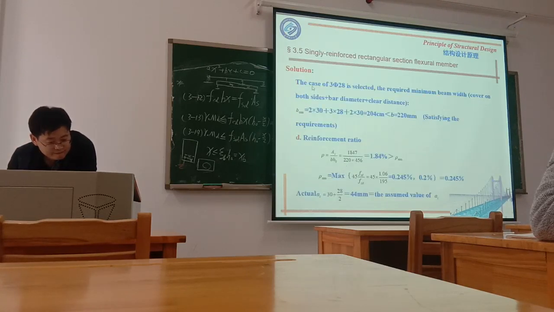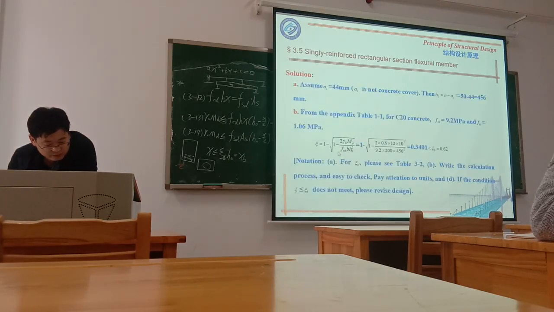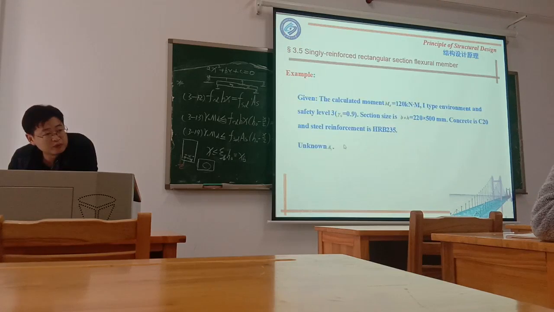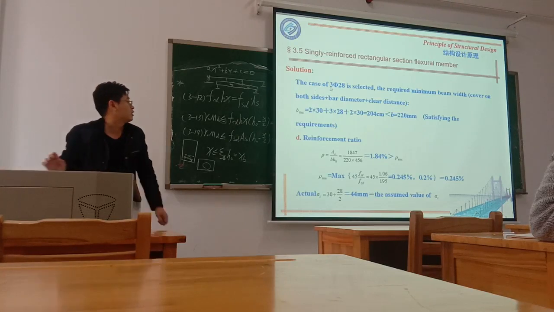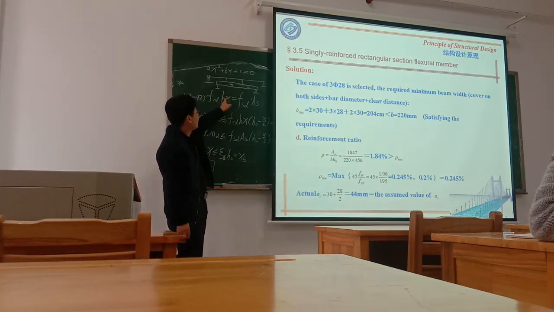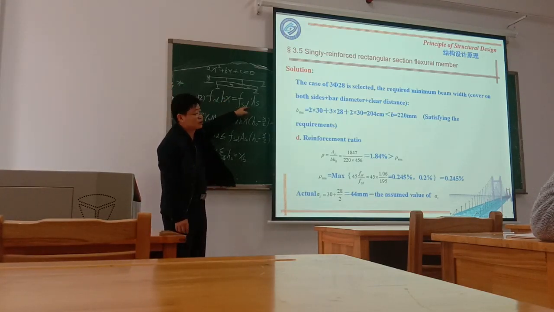And then, once you have this, you need to calculate AS. Here I missed one step. Before this, you should calculate AS. But AS is easy, because once you know x or C, you just use this equation to get AS.